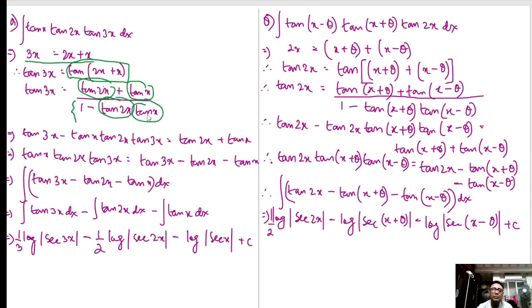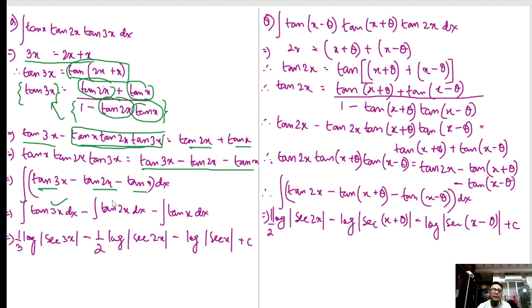Now cross multiplying this with this, it becomes this. That means this part, if I want to separate, I can write it like this. Instead of the sum, we have written it like this.